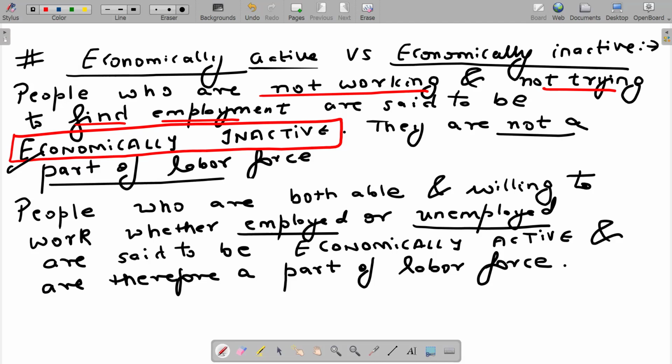Now, erasing all this off, let us now concentrate more on the labor force.